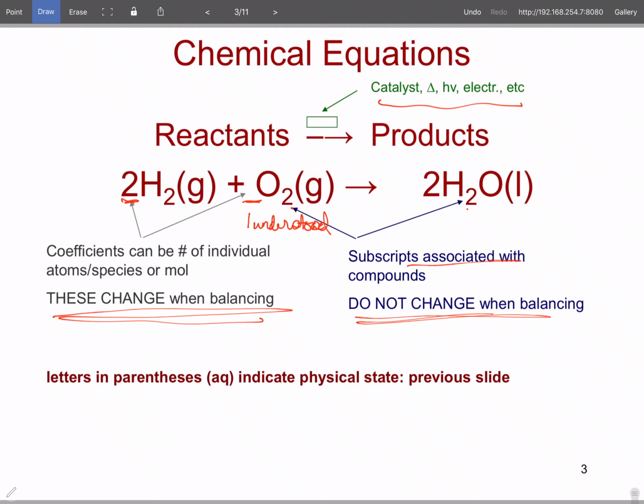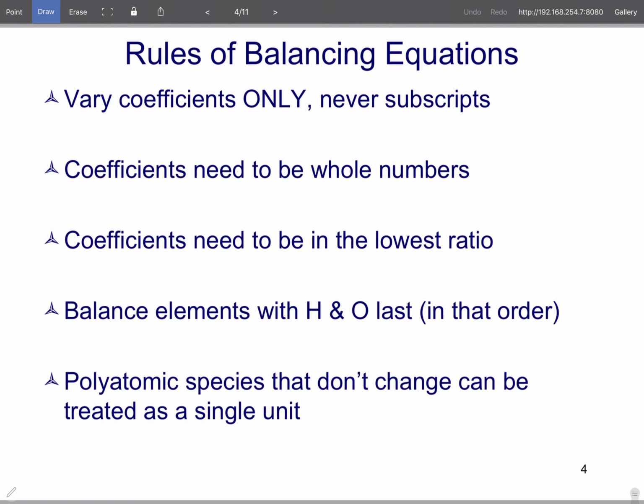Okay. So, for example, CO, if you need 2 oxygens, is absolutely not the same as CO2. You can't do that. You're only allowed to change coefficients out front, not subscripts. Okay, and remember we saw the physical states previously, so we're good on those.